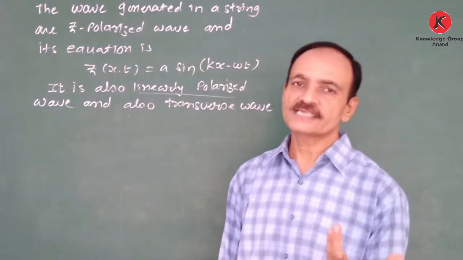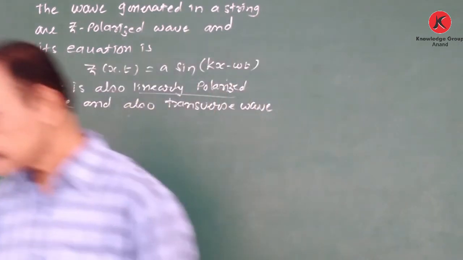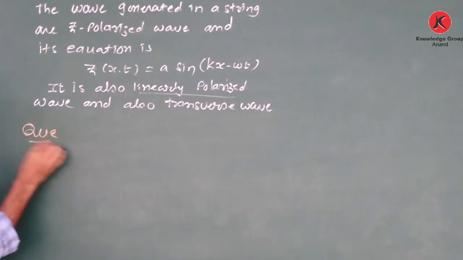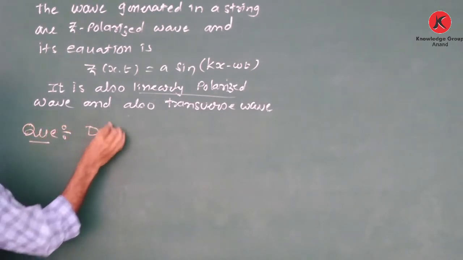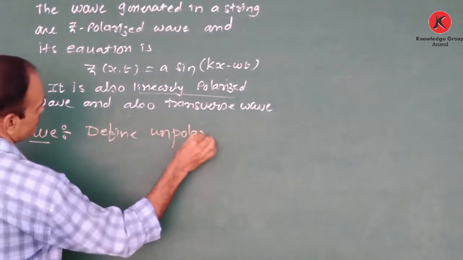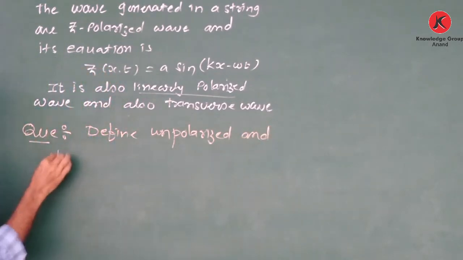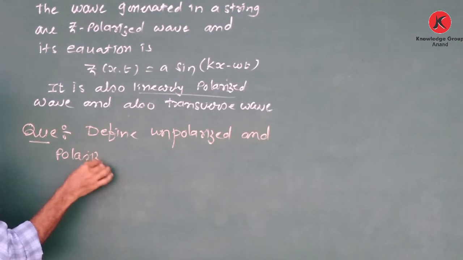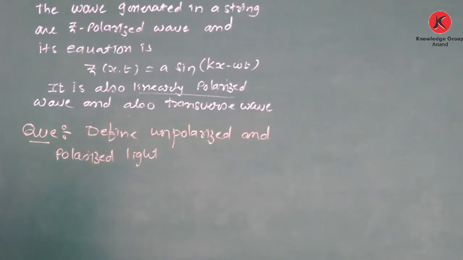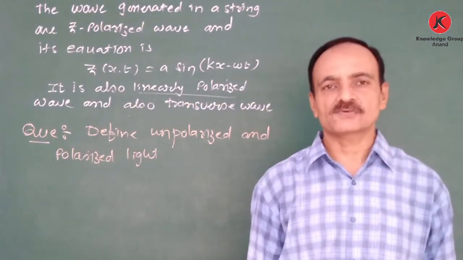Next, the definition: what are unpolarized light and polarized light? So define unpolarized and polarized light. Now we know that sunlight, or light, is an electromagnetic wave.